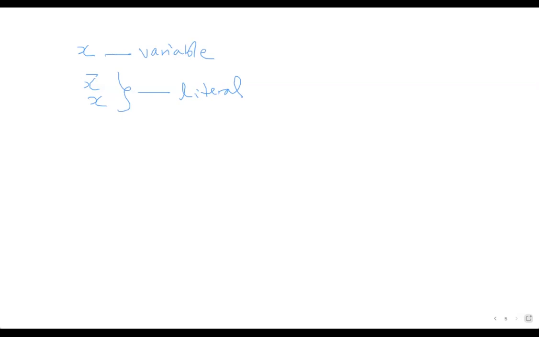Then a clause is a set of literals connected by disjunction.